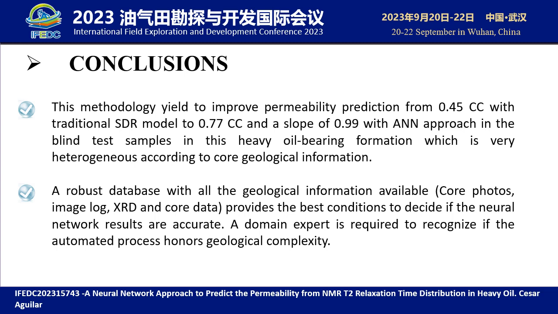With all these results, we can conclude that this methodology improves permeability prediction from a 0.45 correlation coefficient with the traditional SDR model to almost 0.8 correlation coefficient and a slope of 0.99 with the neural network approach in the blind test sample. This is in a heavy oil formation, which is very heterogeneous according to core geological information.